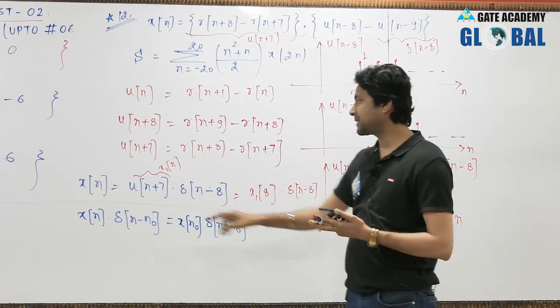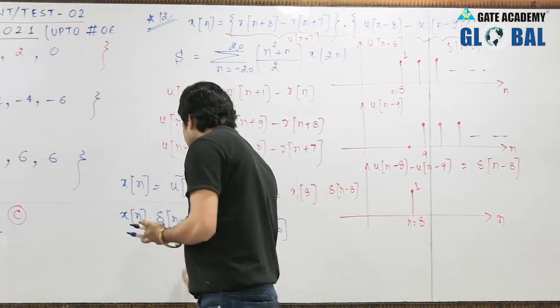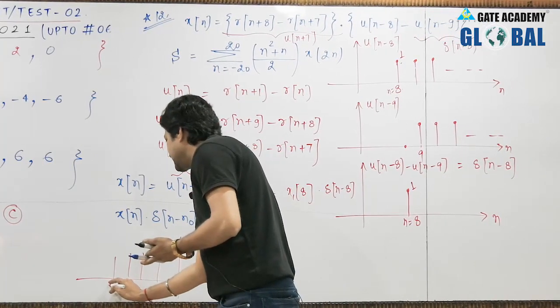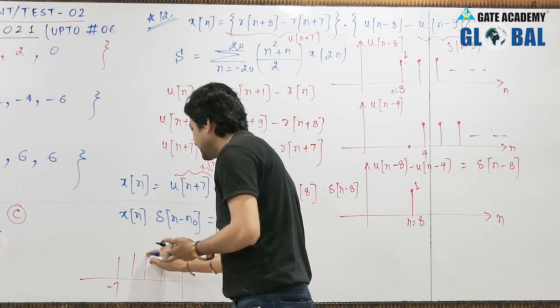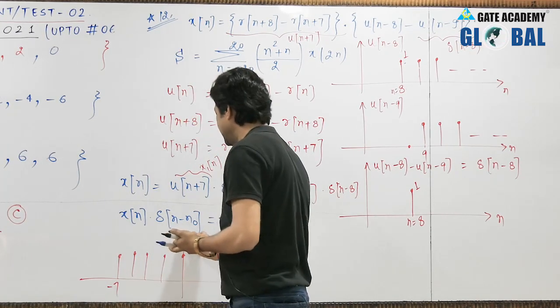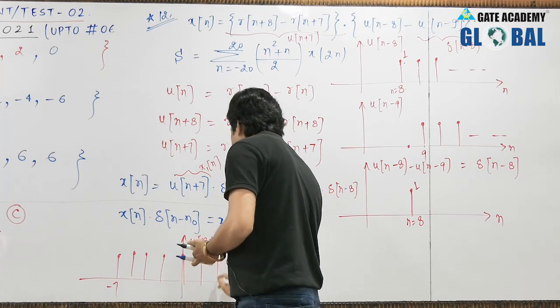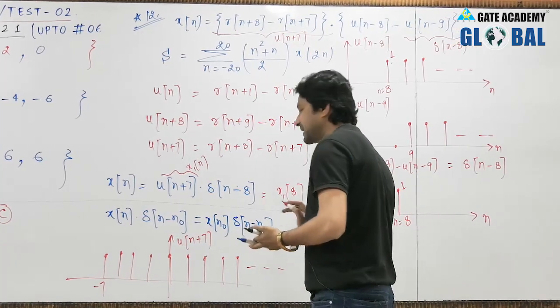Now, x1 of n is the signal u of n plus 7. We have already discussed that u of n plus 7 exists from minus 7 to infinity, having value 1 from minus 7 to plus infinity.